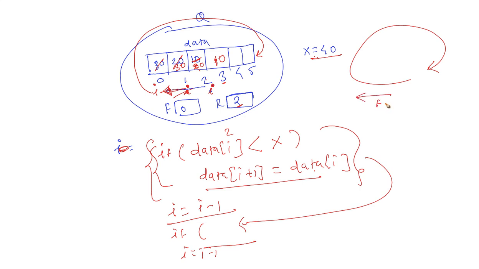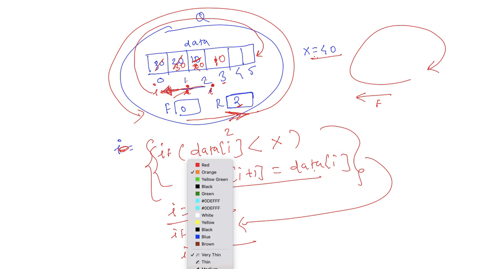Similarly here, this i is going in this direction, it is decrementing. So that's why i is getting this movement, whereas f and r are going in this direction, and when f and r come to the last location, they will get this kind of movement. So let me take another color here.